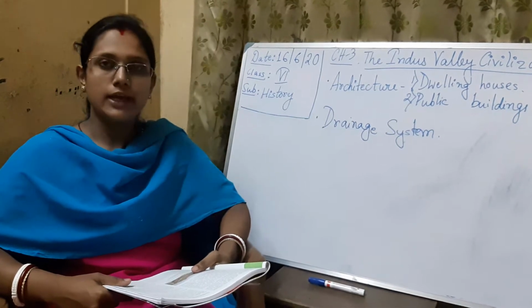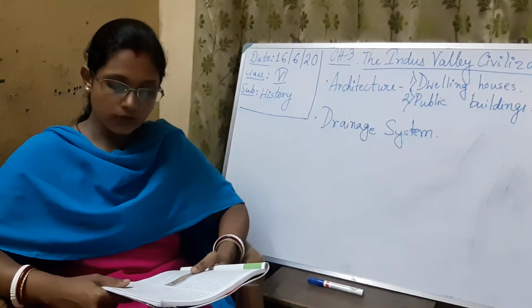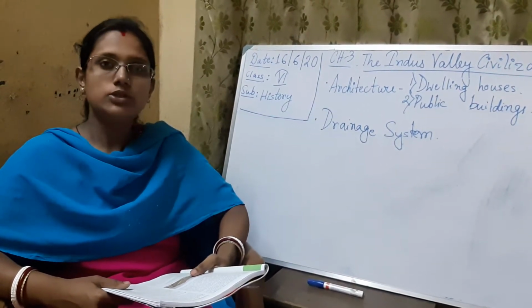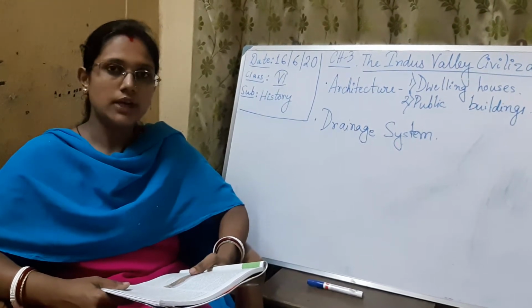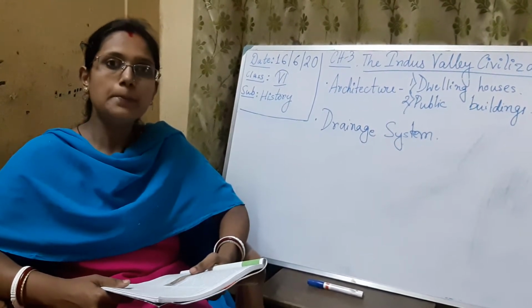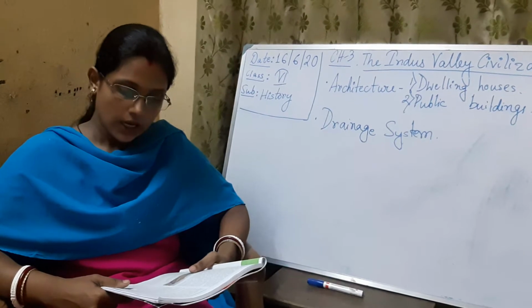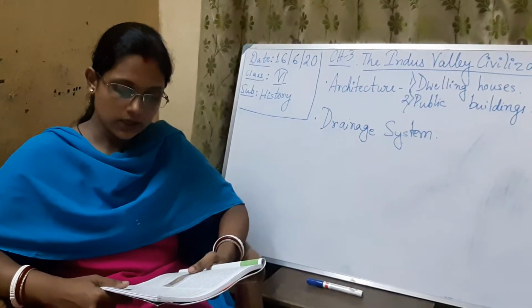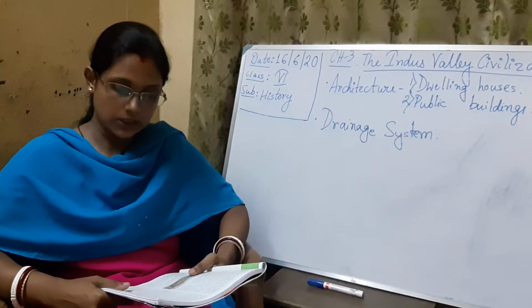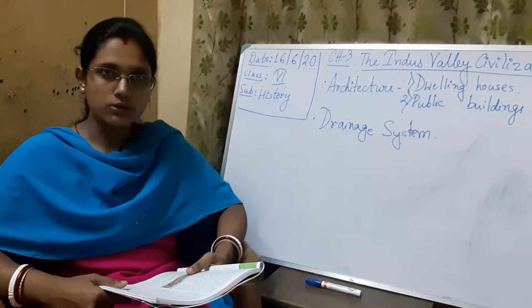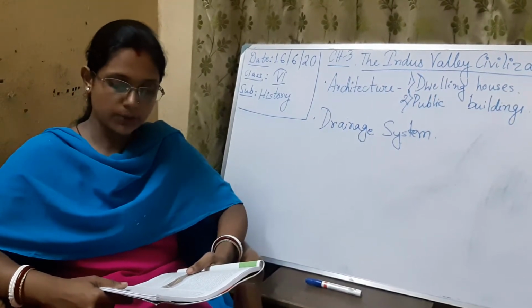Now they were made of baked bricks of very good quality. Now during this Indus Valley civilization, they used the baked bricks. Okay, and they have lasted for 4,500 years. An average house had a courtyard surrounded by rooms.